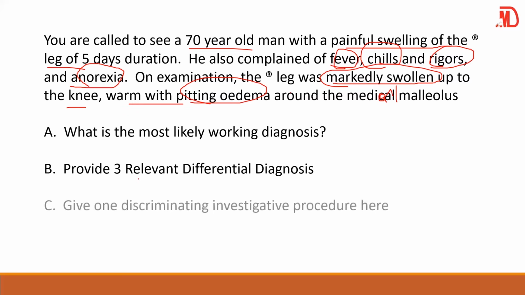All right. Then we have one discriminating investigative procedure. What it means is, give us one procedure that you want to do. So now you are thinking of cellulitis, DVT, all of these things.